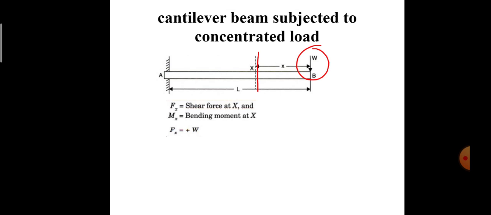So the shear force at B is equal to plus W, at X is plus W, and at A is also equal to plus W. Why is this? Because only one force is acting throughout the beam. Therefore the shear force will remain constant.